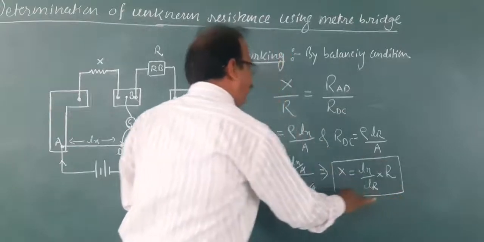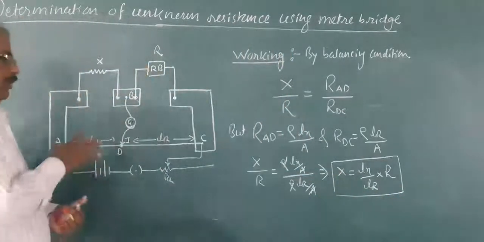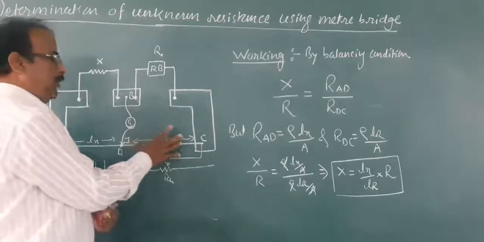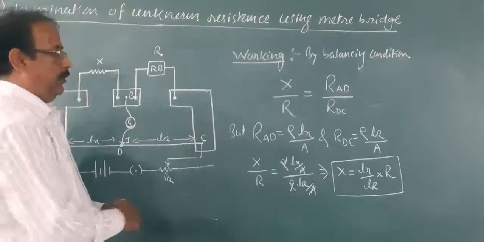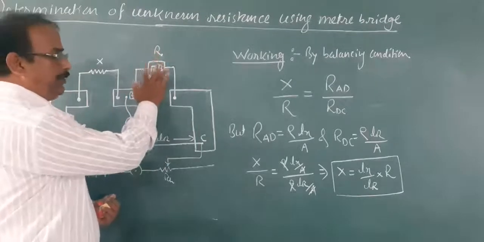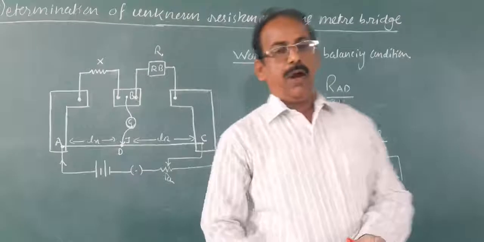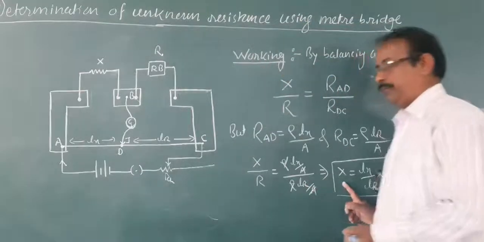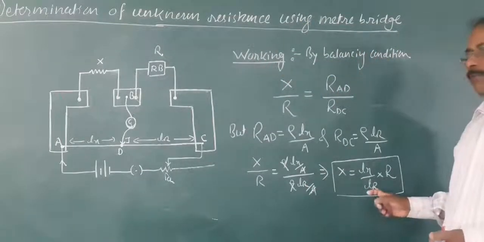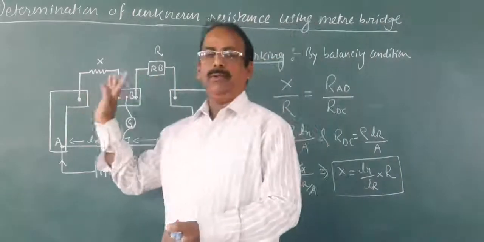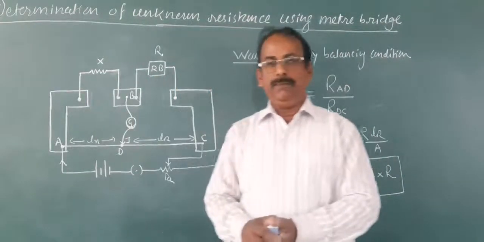If we know this length of the wire, and the known resistance which is connected in this right gap, from this formula we can easily calculate this unknown resistance connected in left gap.